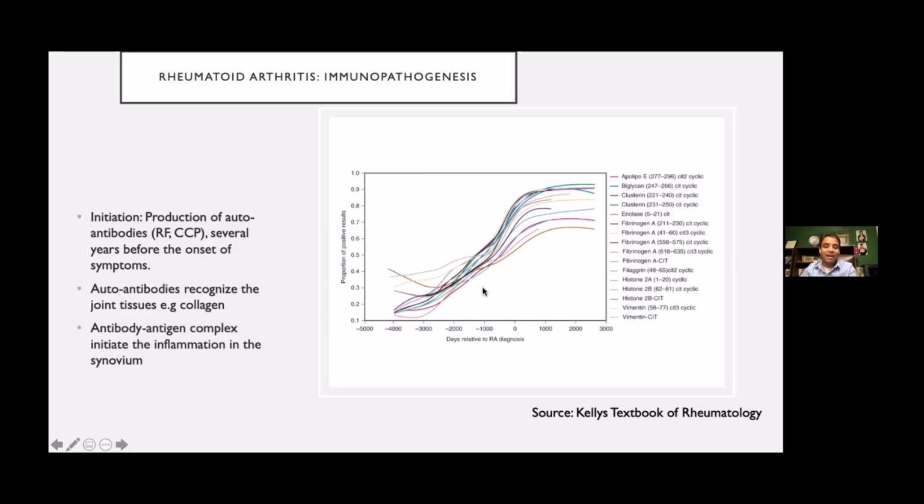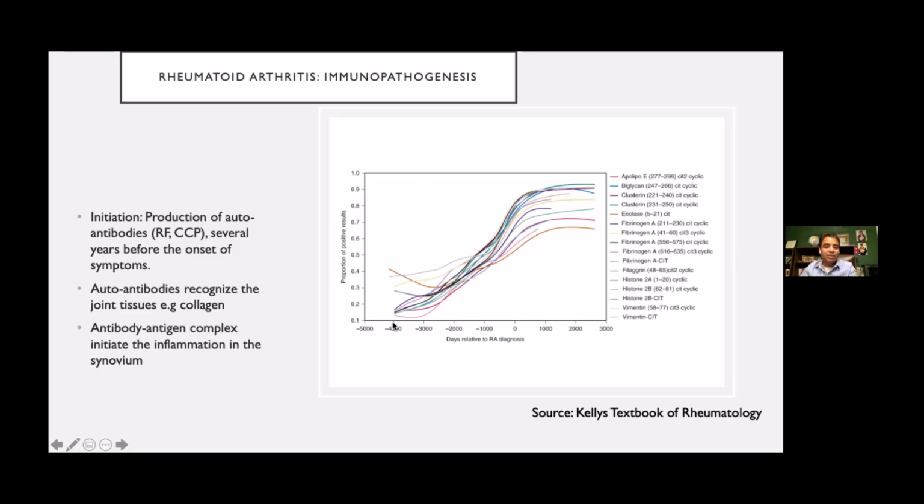If you look at the graph, you could see that a patient who gets the diagnosis of rheumatoid arthritis at day 0 starts producing autoantibodies way before the diagnosis, almost 4,000 days before. So you first produce autoantibodies. That's the initiation of the rheumatoid arthritis etiology.